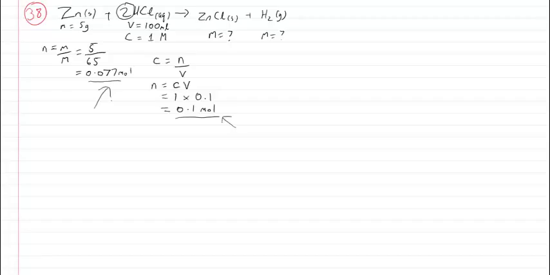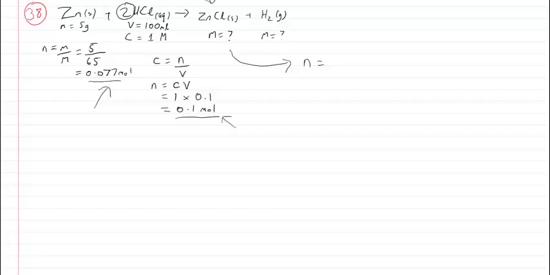From here, it's not too difficult to figure out what to do. So let's look first at our mass of zinc chloride. So the number of moles we can make of this. Have a look at our ratios again. For every 2 mole of hydrochloric acid, we can only make 1 mole of zinc chloride. Okay?